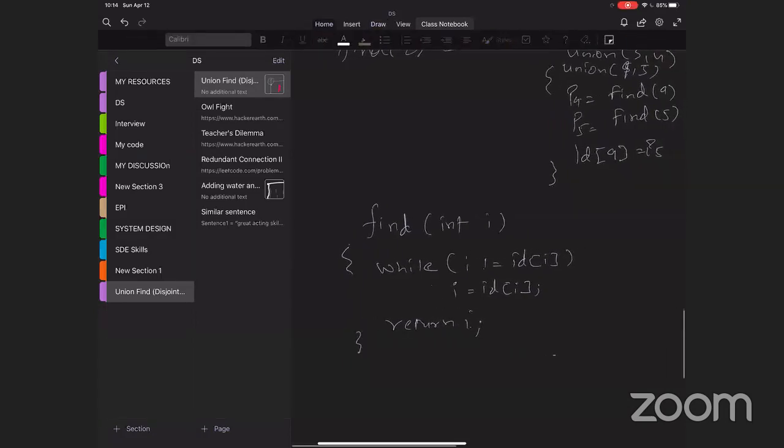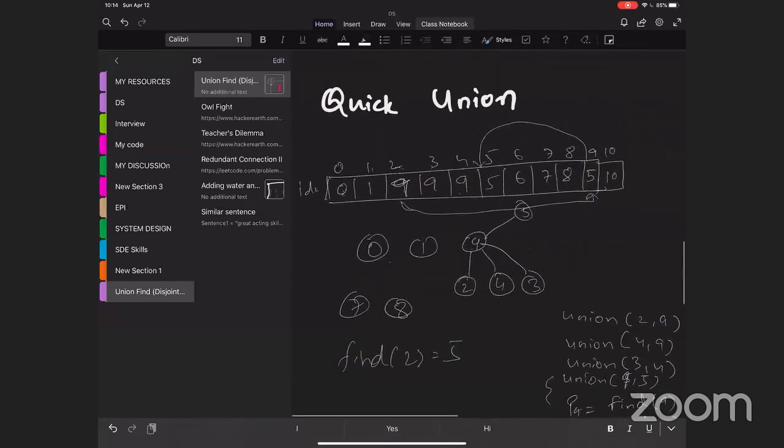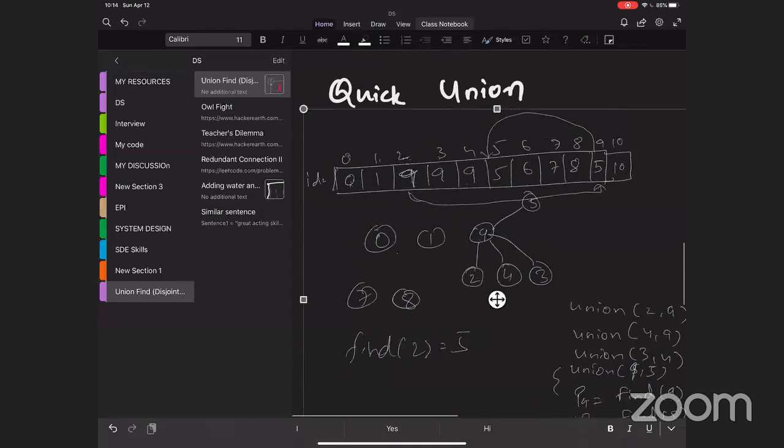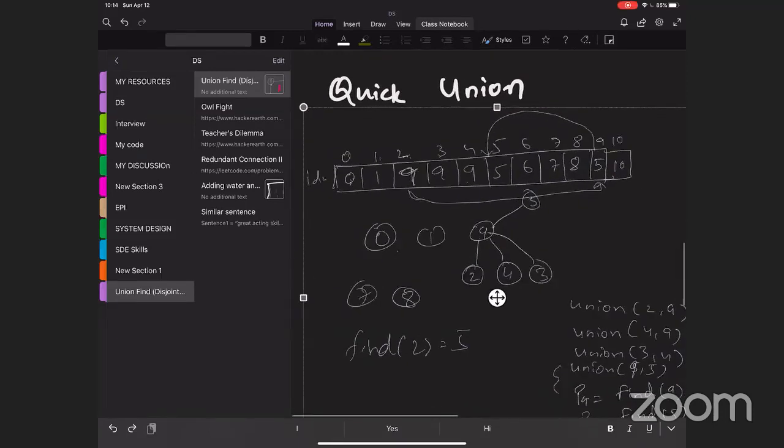Basically, what we are maintaining till now is that when the index matches, that is your root node, right? So when we want to do find 2, 2's stored value is 9, so that doesn't match. That means we have to go further. Our I becomes 9, so find 2 becomes find 9.